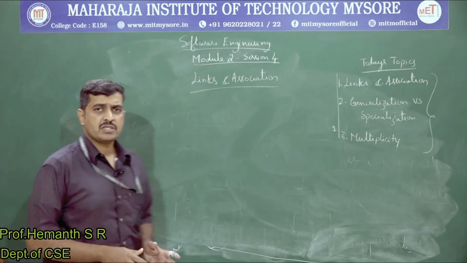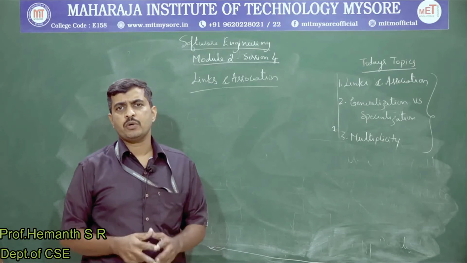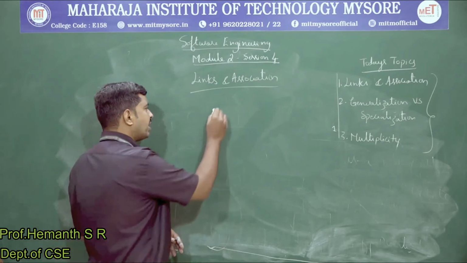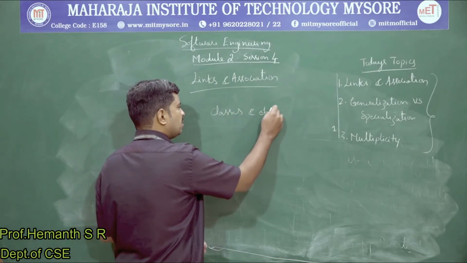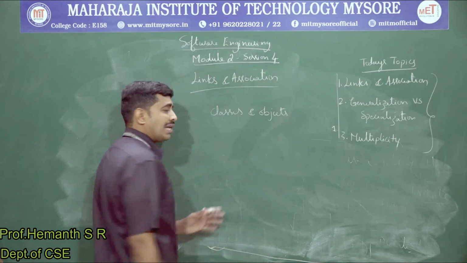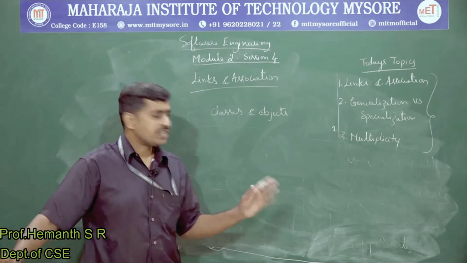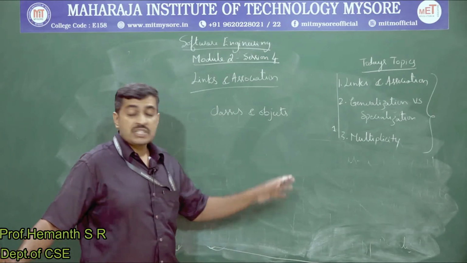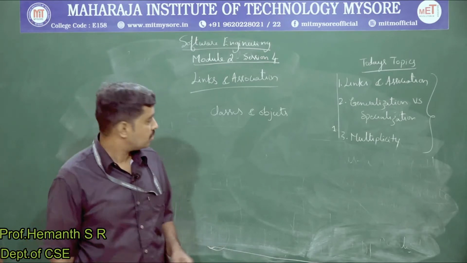Now, in the previous sessions, we understood that when you are coming out with a design in object-oriented modeling, you will be identifying classes and objects. Classes are groups of real-world entities which have common properties and operations, and objects are instances of the class. This is what we had understood in the previous sessions.